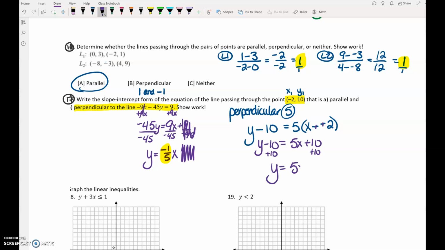Y equals 5x plus 20. Okay, I did not show you the parallel because honestly the one on the test is the perpendicular one. Also, the parallel one is a little bit tougher because you would use negative 1/5 as your slope, which means you'd have to distribute the fraction negative 1/5, and that's just a little bit grosser.